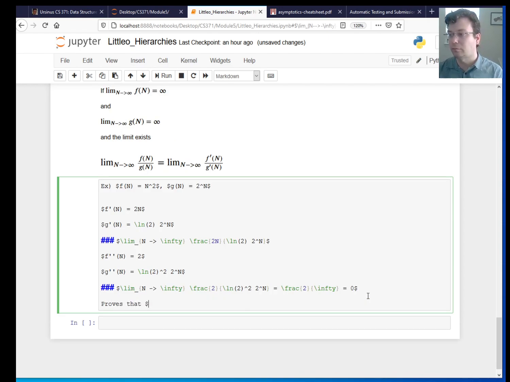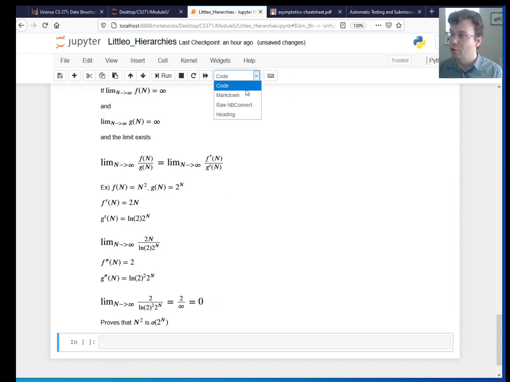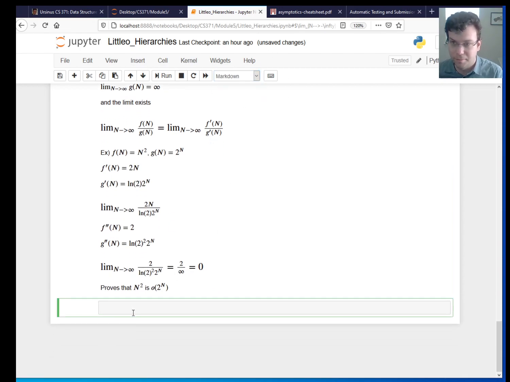All right, so we just proved that n squared is little o of 2 to the n. And actually, more generally, you can use the same proof technique to show that for any n to any power a, n to the a is little o of any b raised to the n.